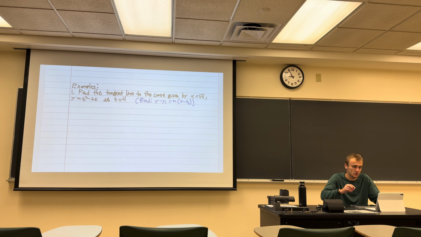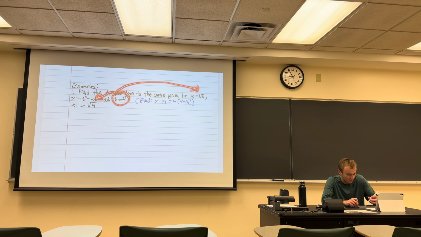We know that x1 equals square root of 4. We're just going to plug our t value into the equation for y and the equation for x. So x1 is the square root of 4, taking only the positive value here, obviously, so x1 equals 2.